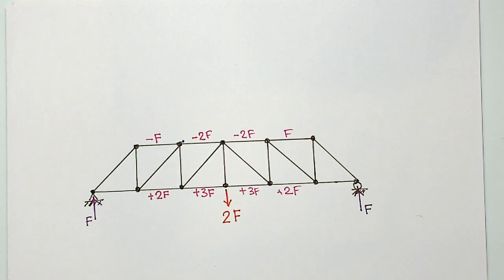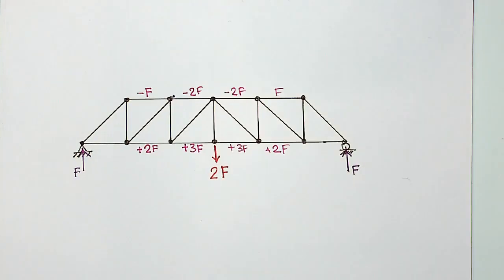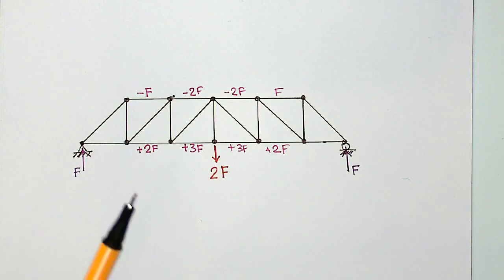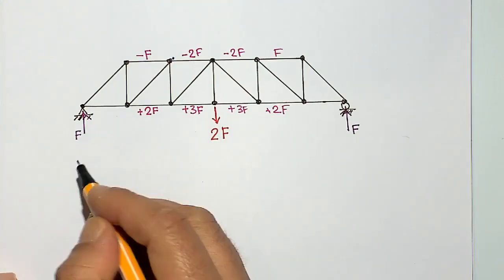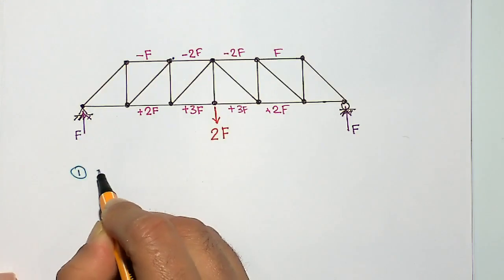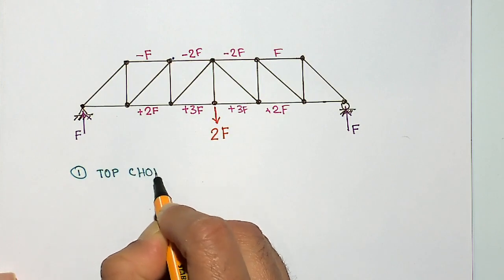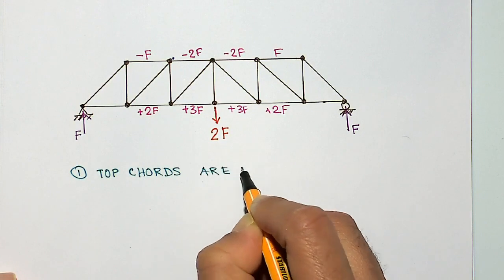So a truss loaded by a vertical load in the middle will have the top bars under compression. So two things you could see. The some observations you can make from here is the top bars, or chords as they are sometimes called.